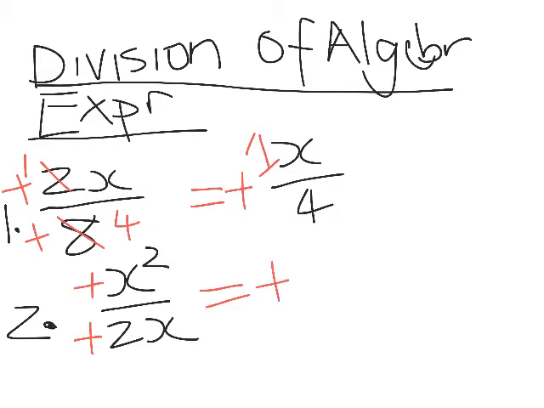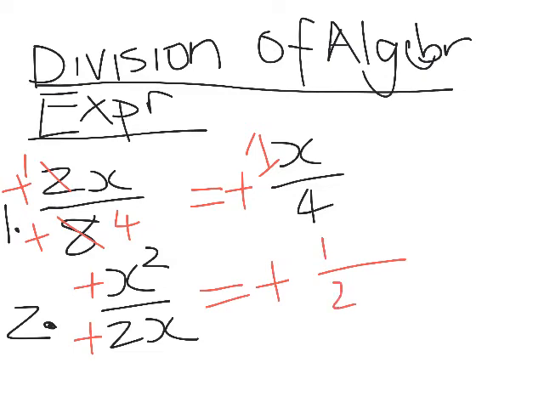Then let's go to the numbers. It's also easy here because we've got 1 in the numerator and 1 in the denominator. So the numbers remain the same, 1 over 2 if you like.